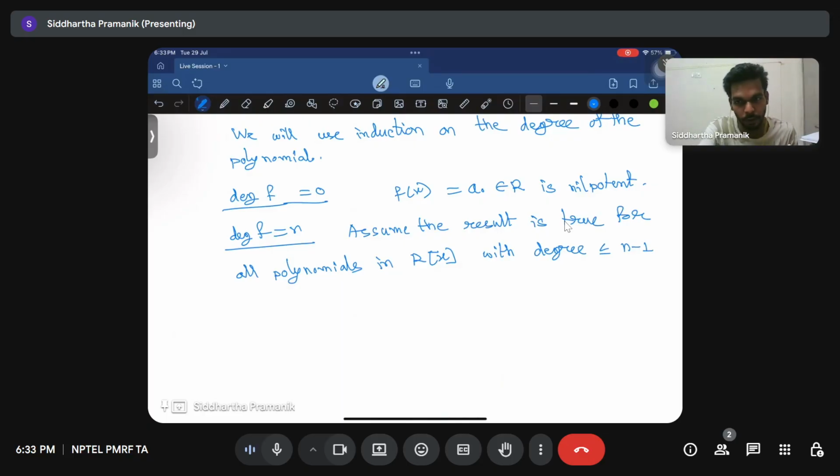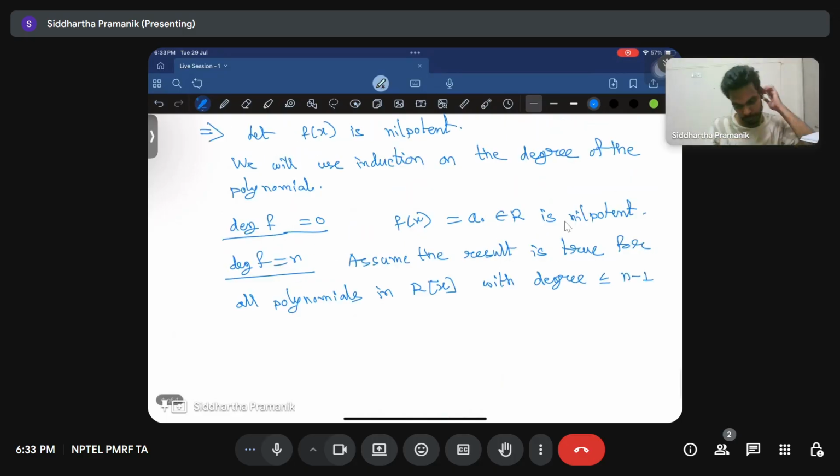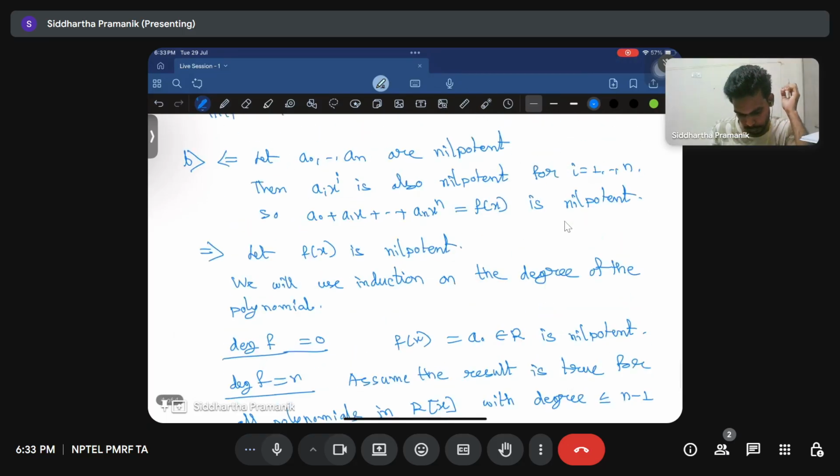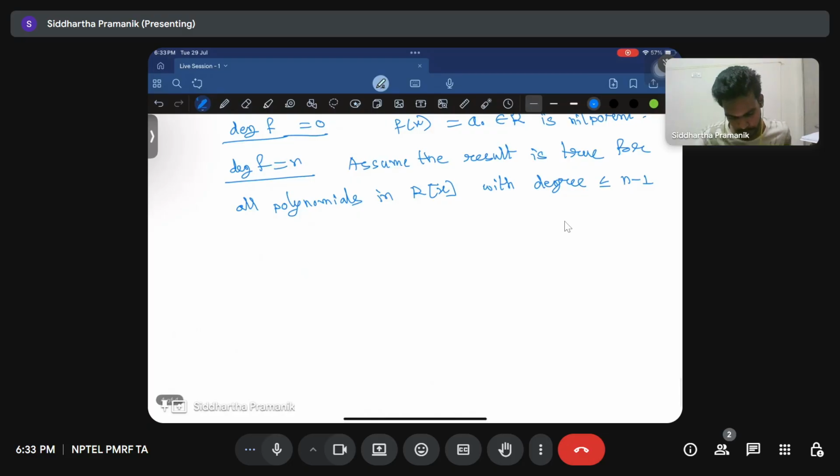So we need to prove it for the degree of f. So how to prove this?